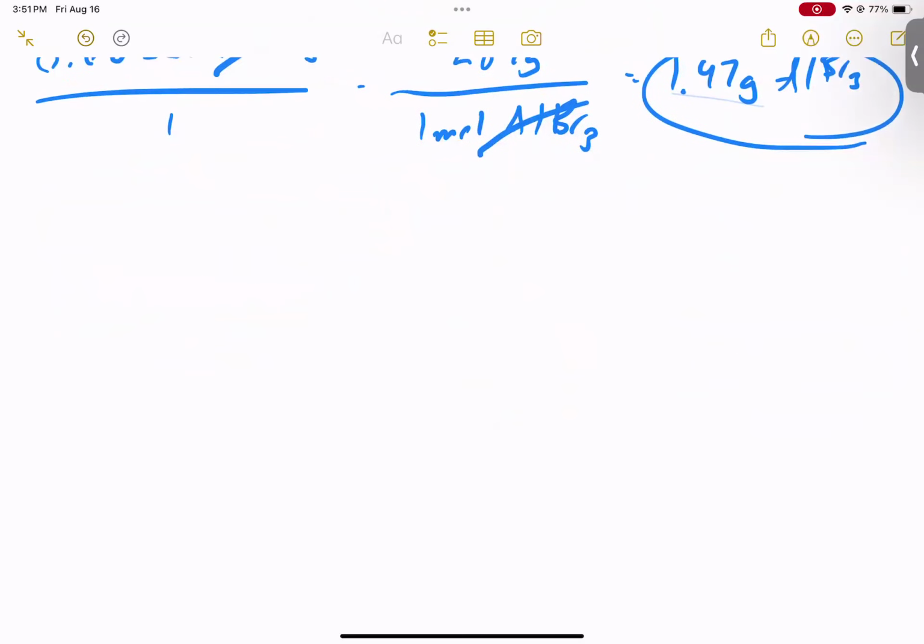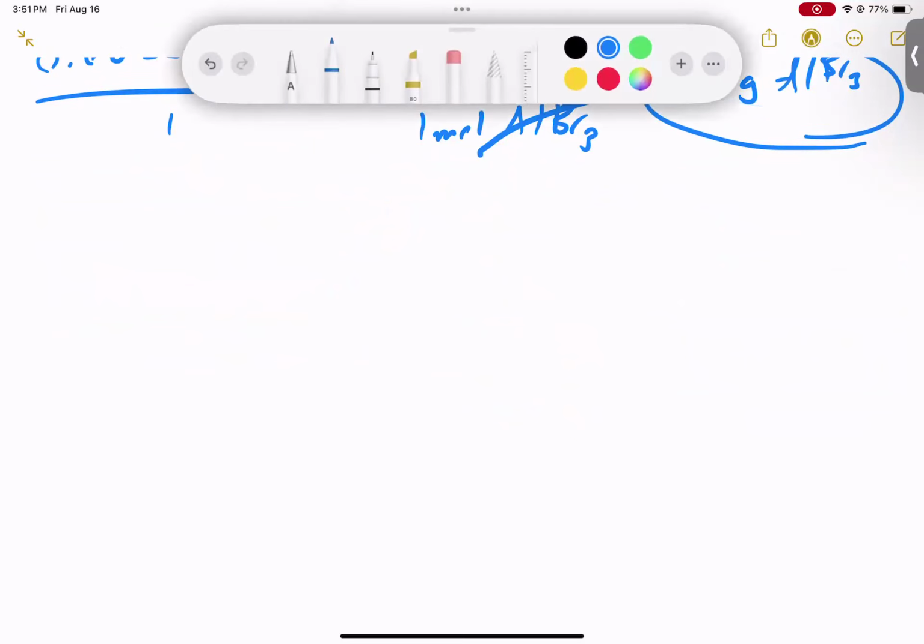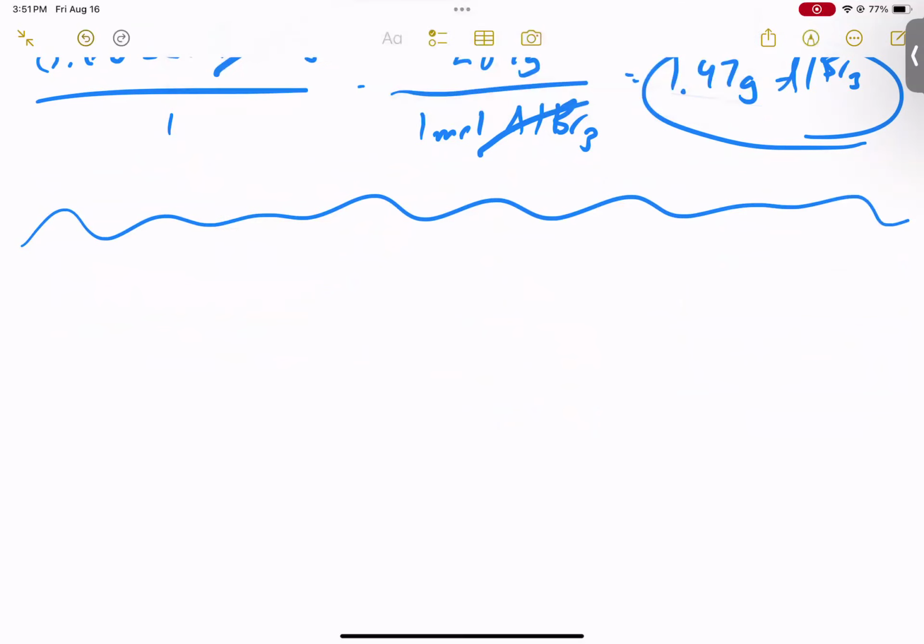Next one. So next 3 slides, these are the USNCO problems. Let's take a look at them. Let me transition to green. All right, so iron(III) oxide reacts with excess carbon monoxide at high temperature according to the equation below.